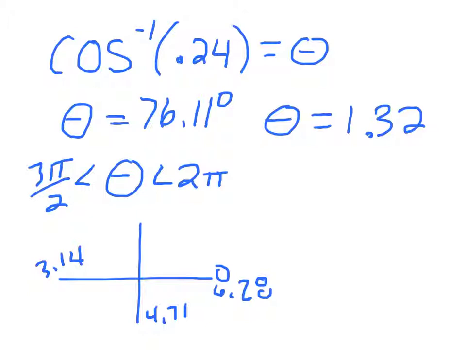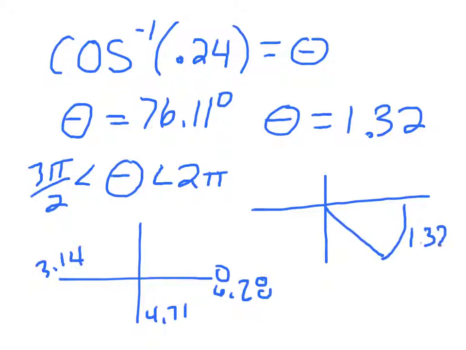So I need to have something that's 1.32 radians away from 6.28. What this is really saying is I need to be down here in this quadrant. I need to be 1.32 radians away from 6.28. So I'm going to take 6.28, subtract 1.32, and my final answer is 4.96.